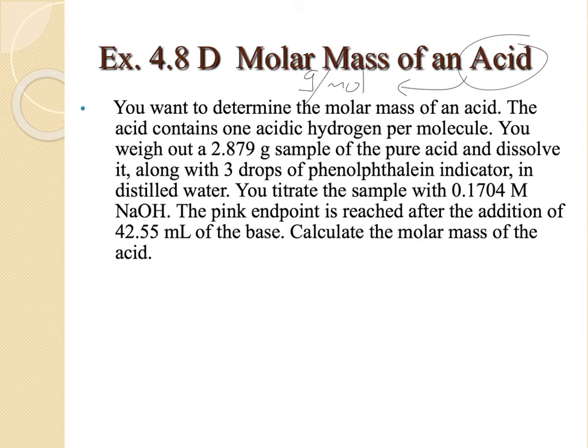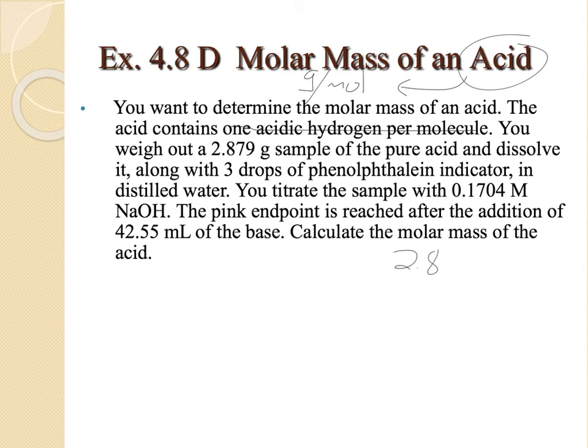So when we read this problem, we see we're looking for those two variables. We need the molar mass of an acid. The acid contains 1 hydrogen per molecule, which is important, but for right now, that's not really something that we need to worry about. It just needs to be there. You weigh out 2.879 grams of the acid.